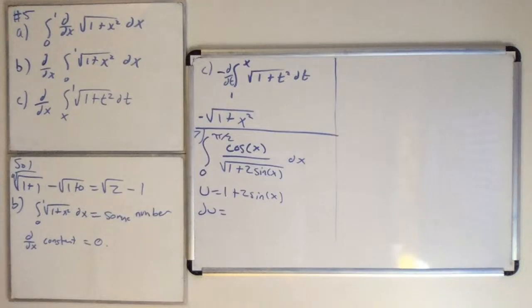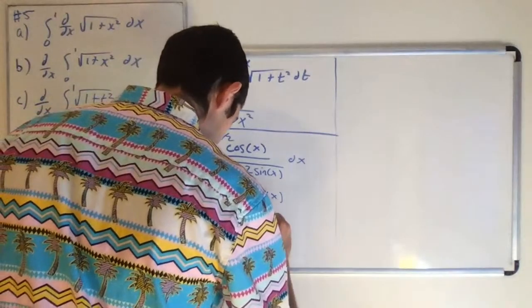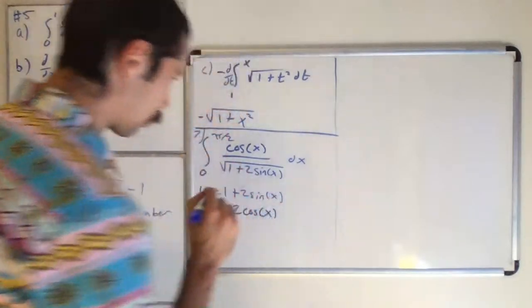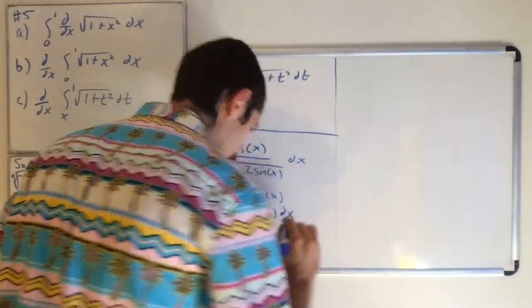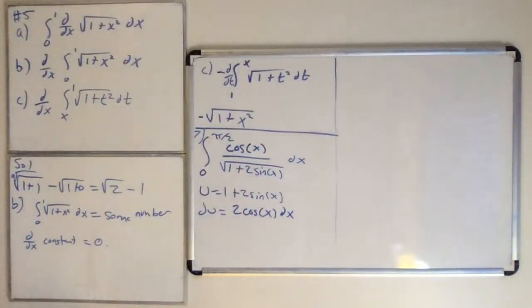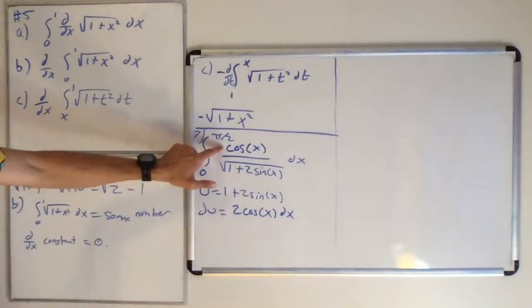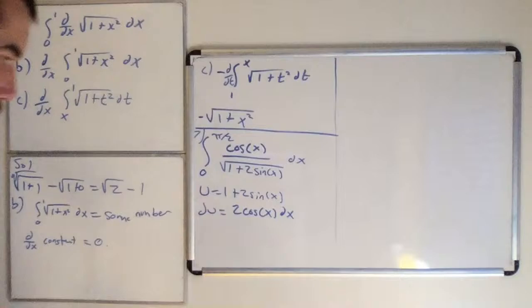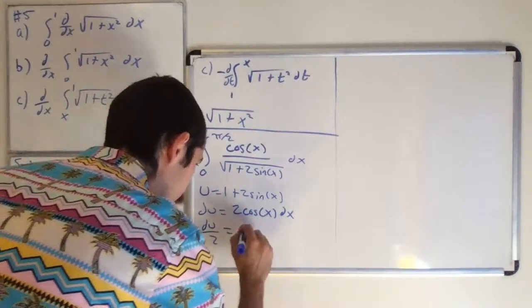And then my next question is, what do we do about the bounds? Yeah, so du is 2 cosine of x dx. And we have, in our expression here, a cosine of x dx. We don't have a 2, so let's just move that 2 over.